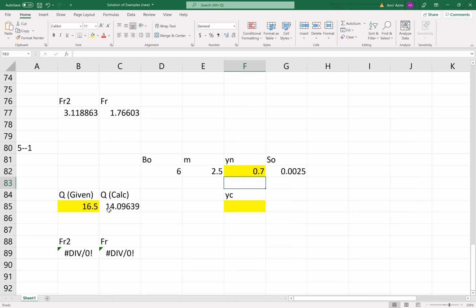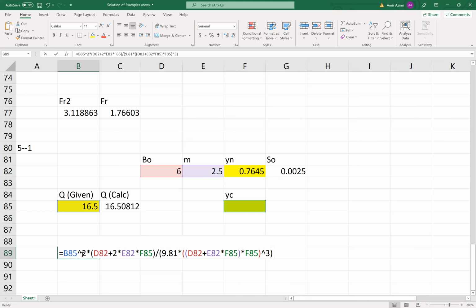So I have the estimated discharge below the given discharge, so I need to increase. 0.75 gives 15.94, so I need to slightly increase it, maybe 0.76, yes, more, 0.765, 0.764. Okay, very close. Three digits after the decimal point would be fine. So this would be the normal depth.